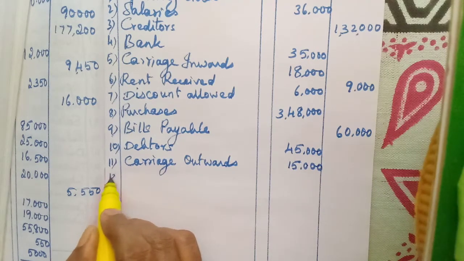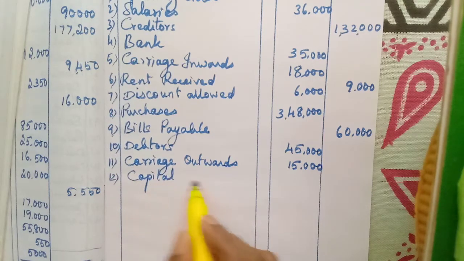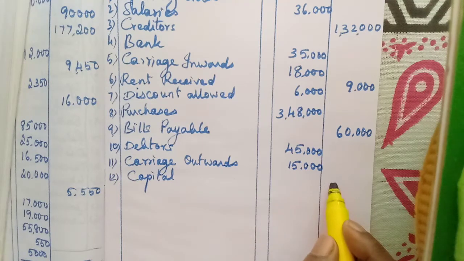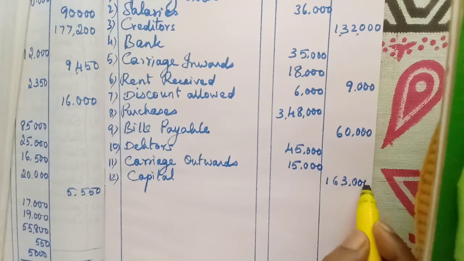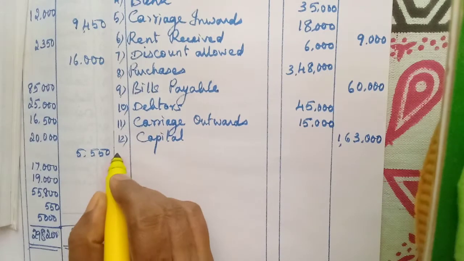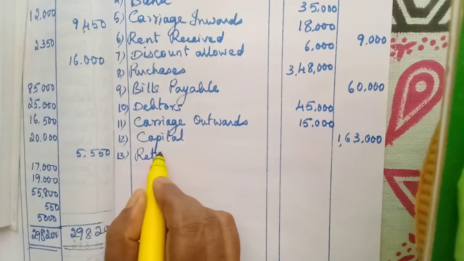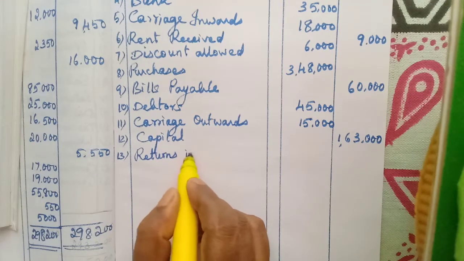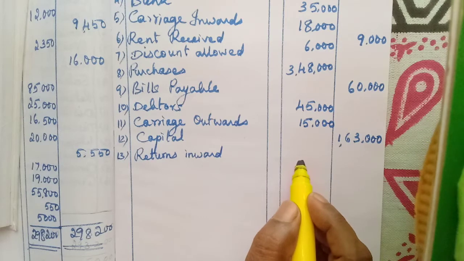Capital. Capital long-term liability credit. Capital credit 1,63,000. So 1 lakh then 63,000. Okay. Returns inward. Returns inward means sales returns debit.